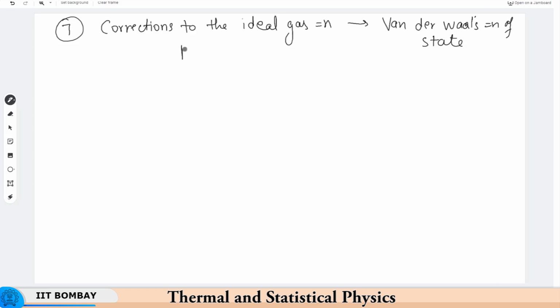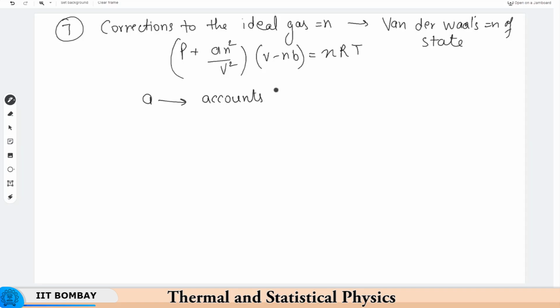Which is as follows: (P plus a n squared by V squared) times (V minus nb) equals nRT. All right, where this parameter a accounts for intermolecular attractions, and the parameter b accounts for finite molecular size.